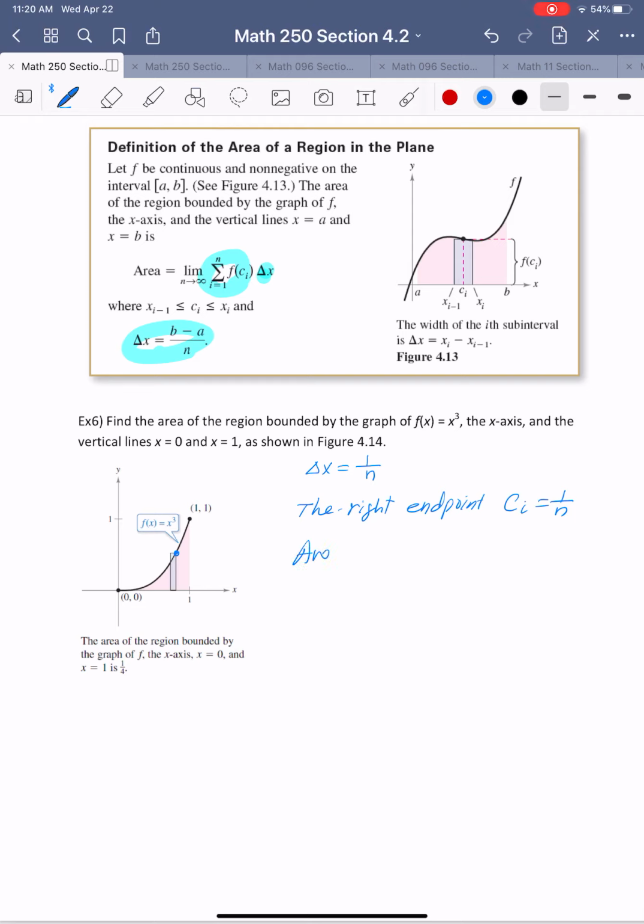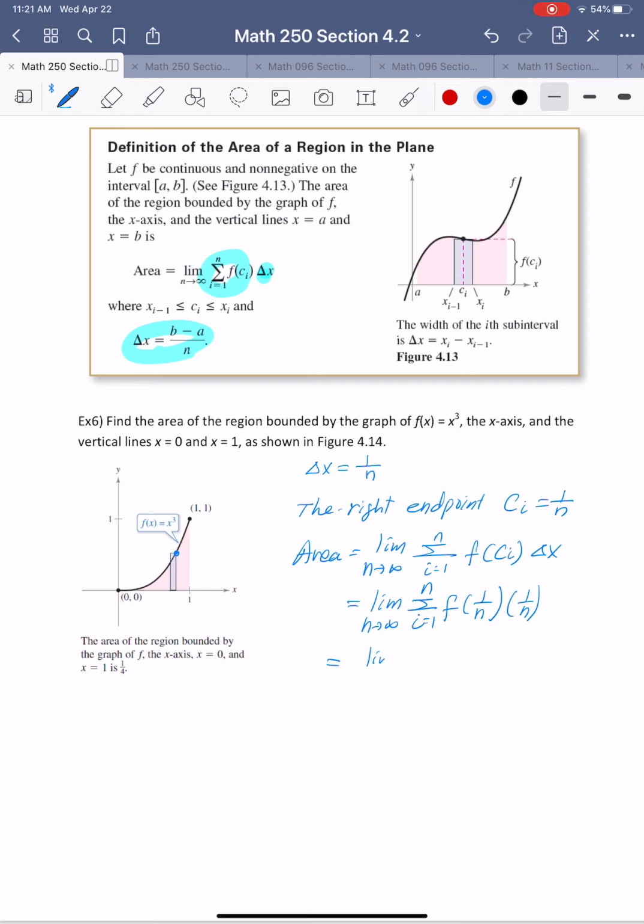So the area is the limit as n goes to infinity of the sum from i equals 1 to n of f of c_i times delta x, and c_i is the same as i over n, times delta x which is 1 over n.